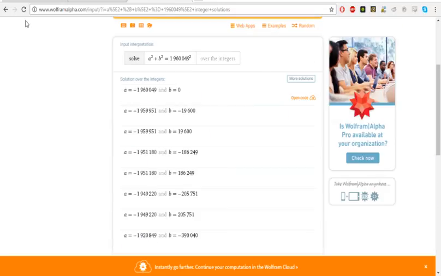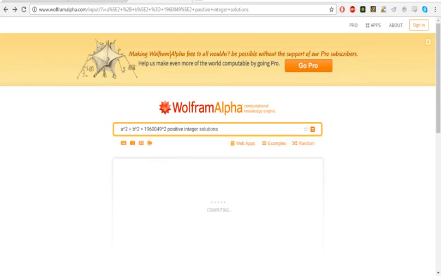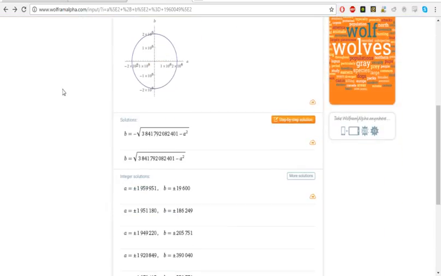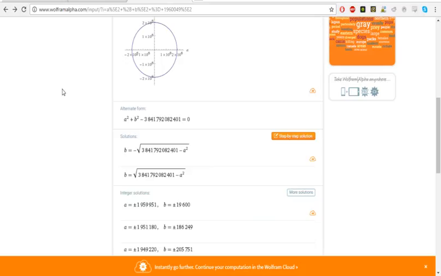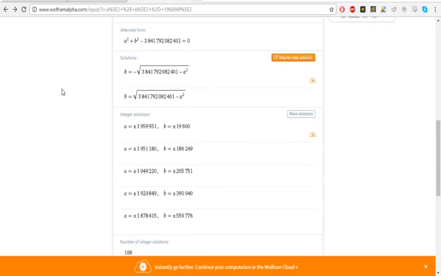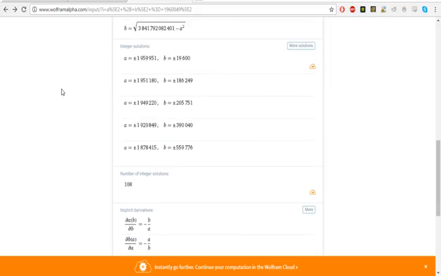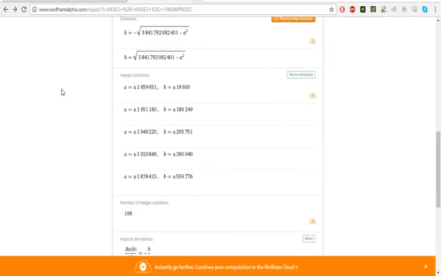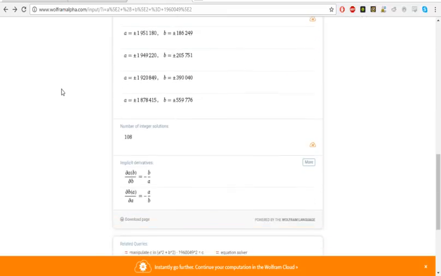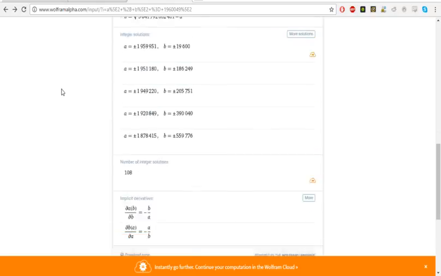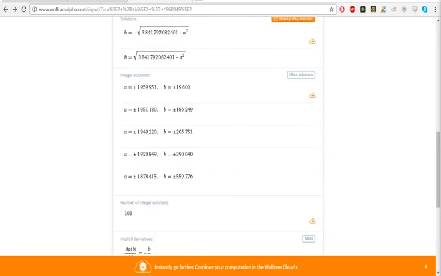How do you get 108 integer solutions? Yep, that's gonna be it.